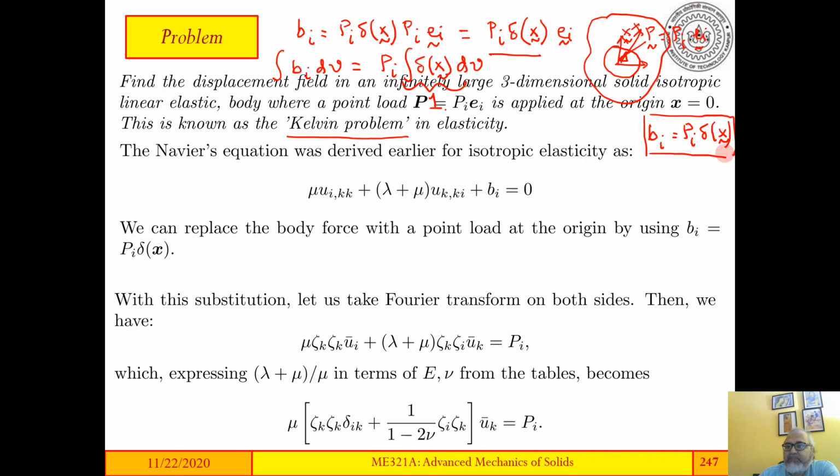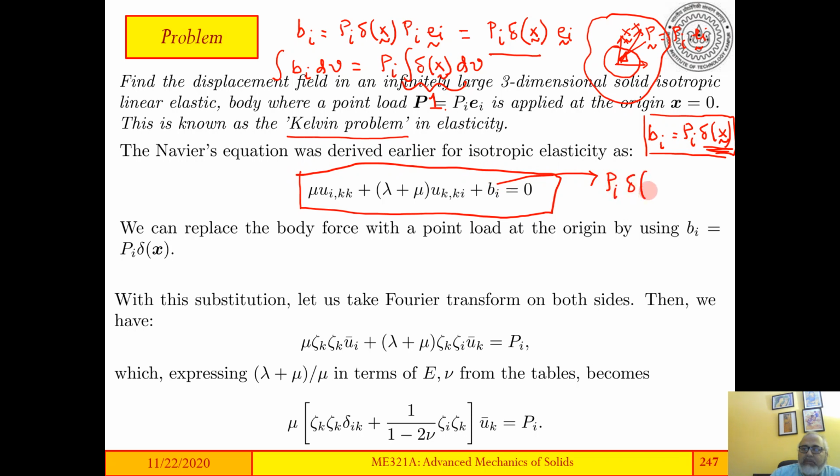This delta(x) function allows us to do that. Now let us start with Navier's equation of elasticity. This we have seen before, and in place of the body force here, we replace it by this distribution, which actually represents a concentrated force at the origin.